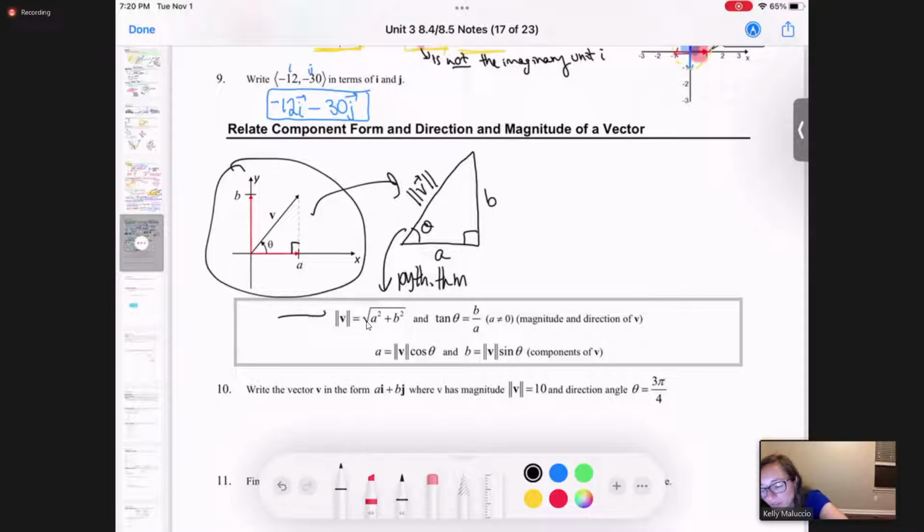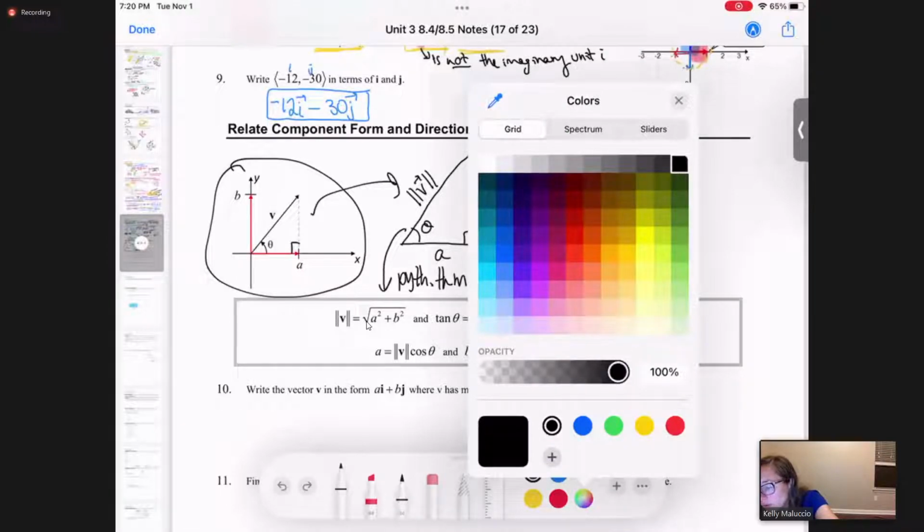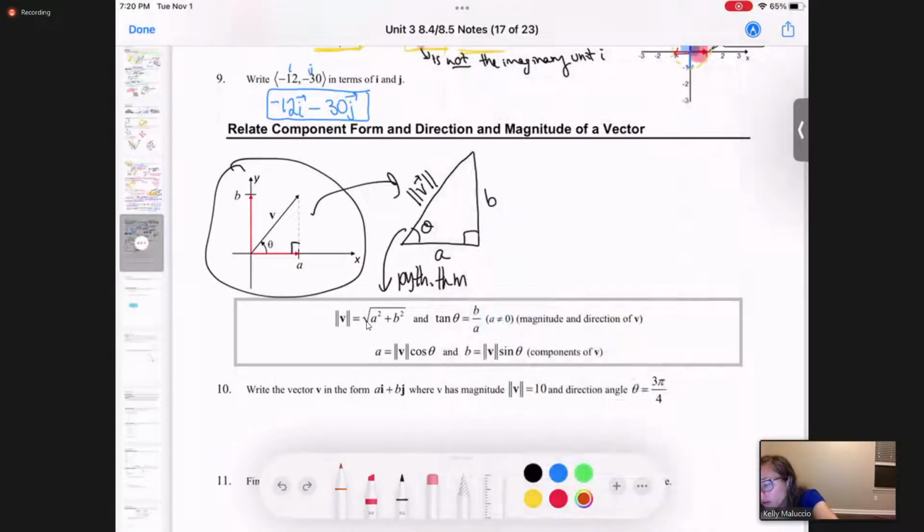Before we take a look at these equations, we can see that if I had cosine theta, I'm thinking SOHCAHTOA, maybe I should start with sine, but cosine theta is the adjacent side, which is a, over the norm of v. Sine of theta would be opposite over the norm of v, which is the hypotenuse, right?